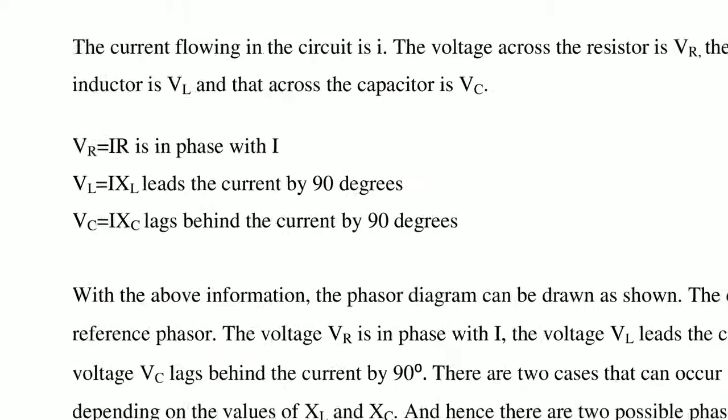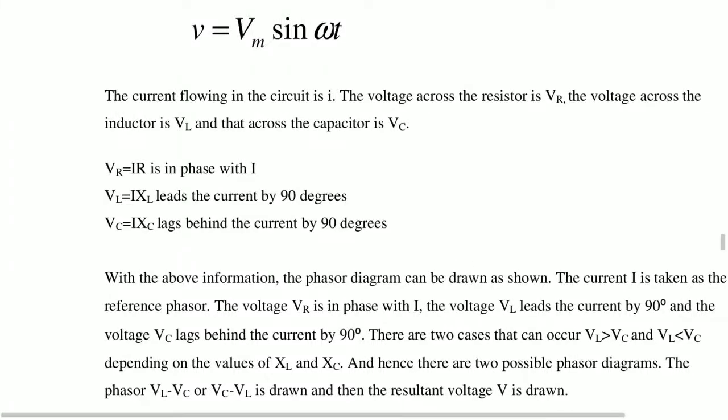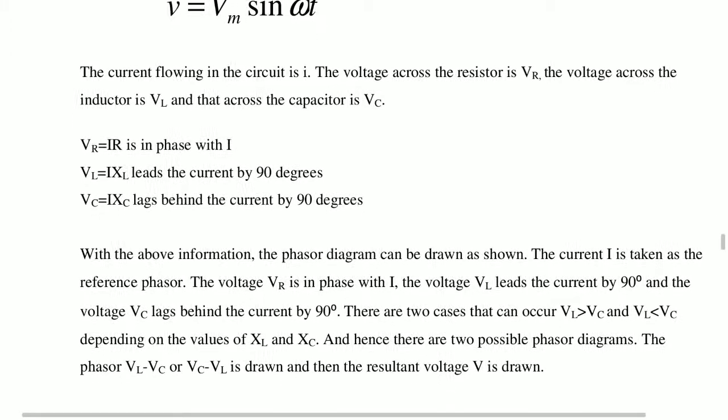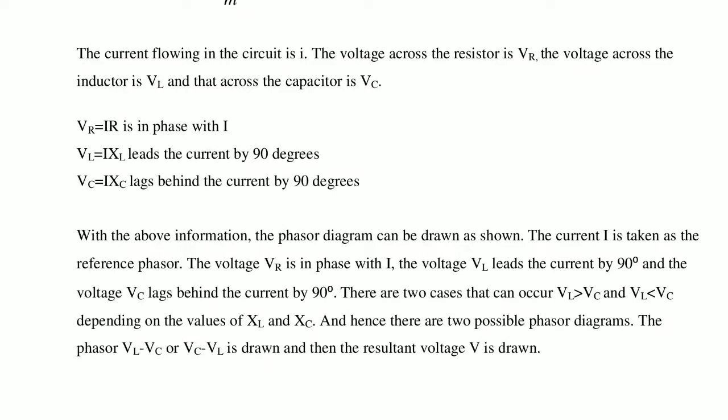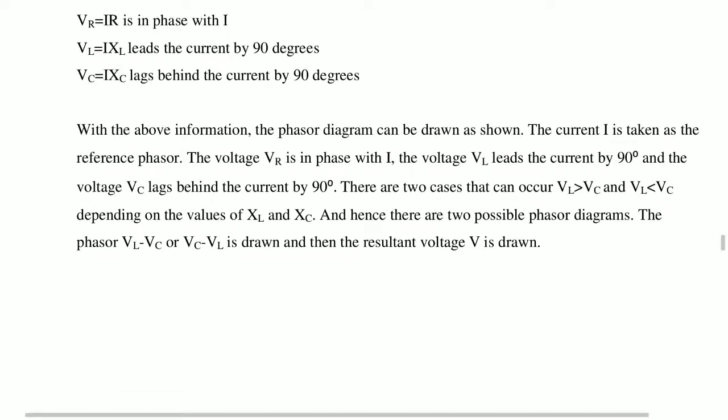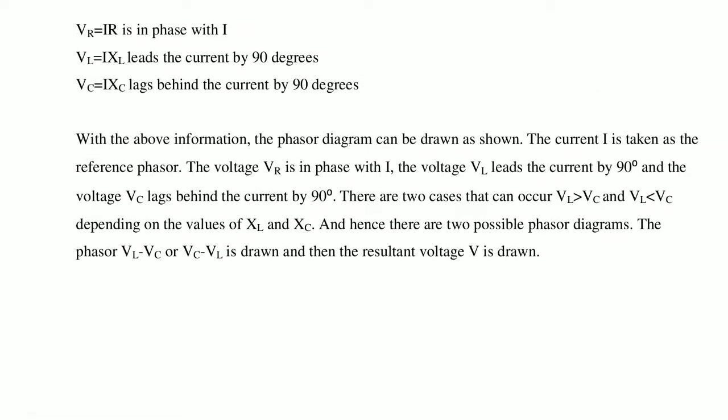From the above information, the phasor diagram can be drawn as shown in figure. Current I is taken as the reference phasor. The voltage VR is in phase with the current, the voltage VL leads the current by 90 degrees, and VC lags behind the current by 90 degrees.